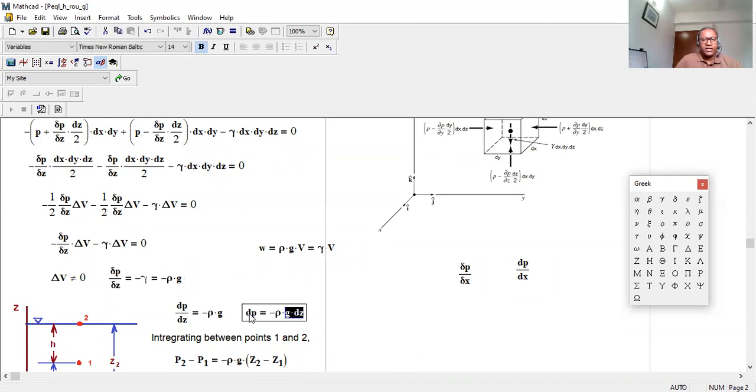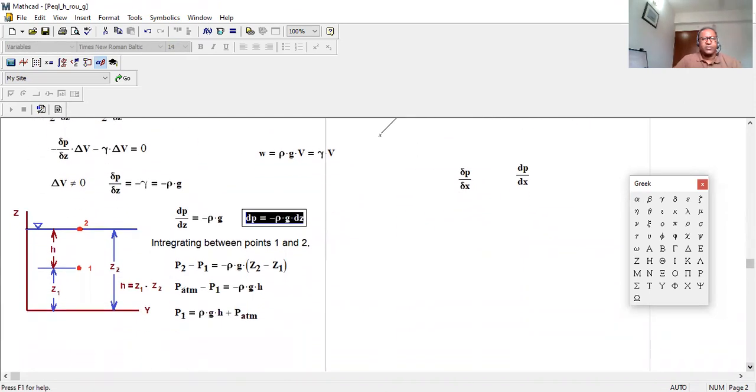Now we will integrate both sides between two points. Let's see how we can integrate between two points. I am taking two points, 1 and 2, right over here. From the top surface, the height of point 1 is h, and its distance from the y-axis is z1, and for point 2 the distance from the y-axis is z2.